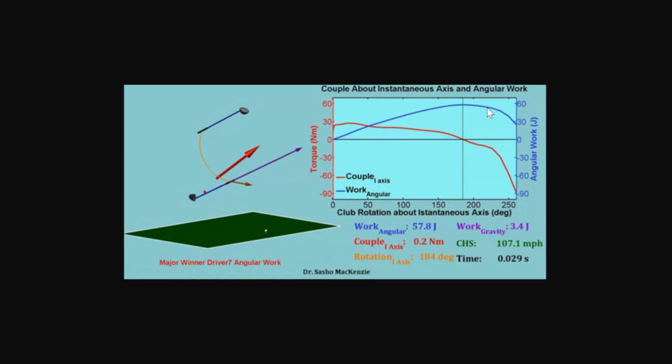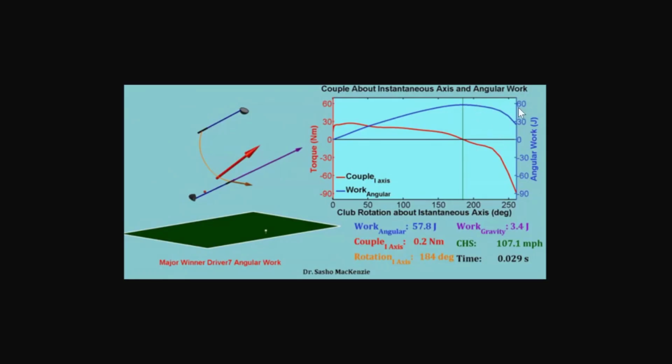Now, the blue curve represents the amount of work that applying a torque with the two hands via the hand couple mechanism is performing. So you can see that by the time he gets to this position here, he's performed just under 60 joules of work.